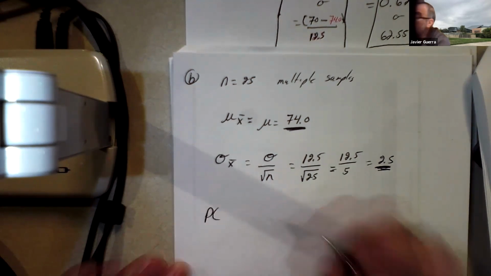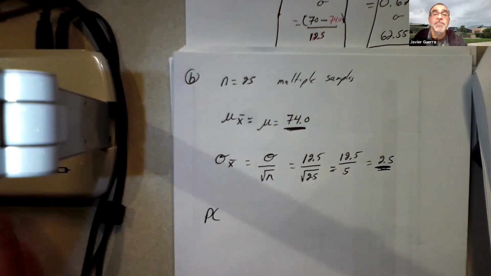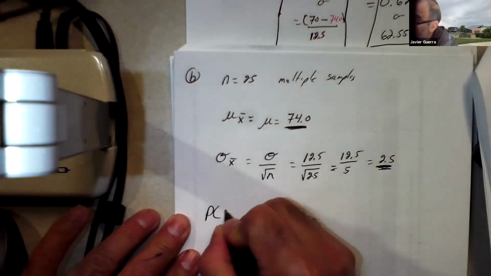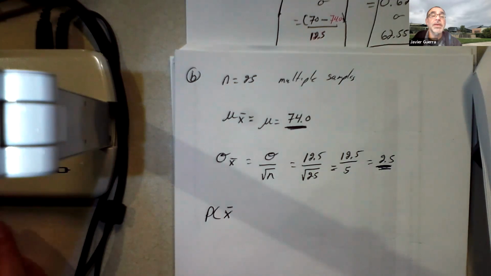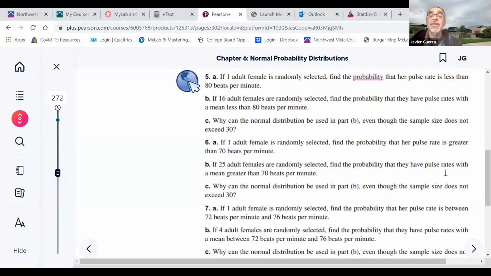Now I got to find my probability for my problem. Since it's multiple, I'm going to put x bar. What are we trying to find the probability of? We're trying to find the probability that they have pulse rates with a mean greater than 70. Oh no, I forgot my whiteout. Oh, I have to wing it. 70.